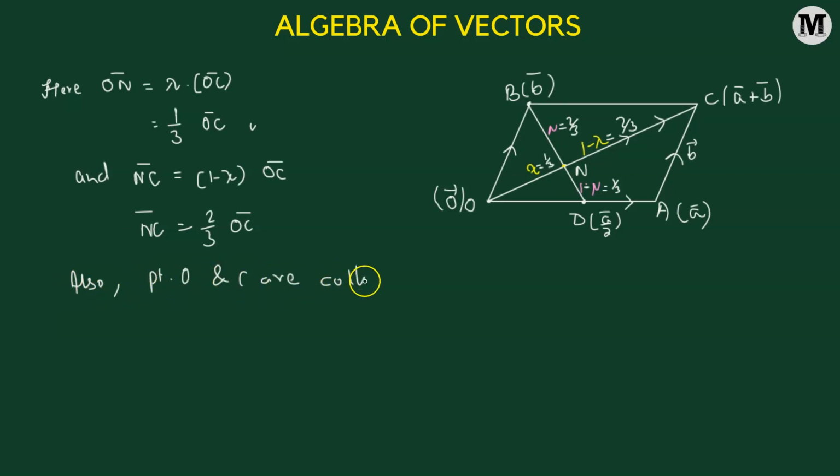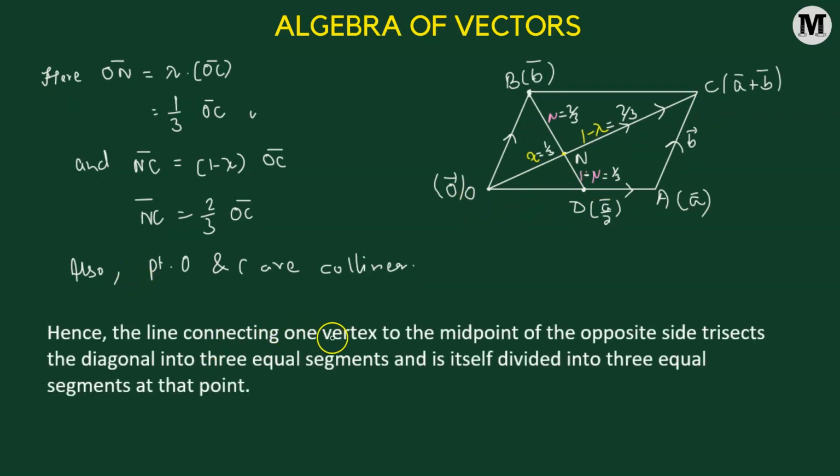So this clearly tells us that BD is actually bisecting OC. Hence the line connecting one vertex to the midpoint of the opposite side trisects the diagonal into 3 equal segments, and is itself divided by the point into the line segment BD being divided into 3 equal segments at that point. Hence proved.